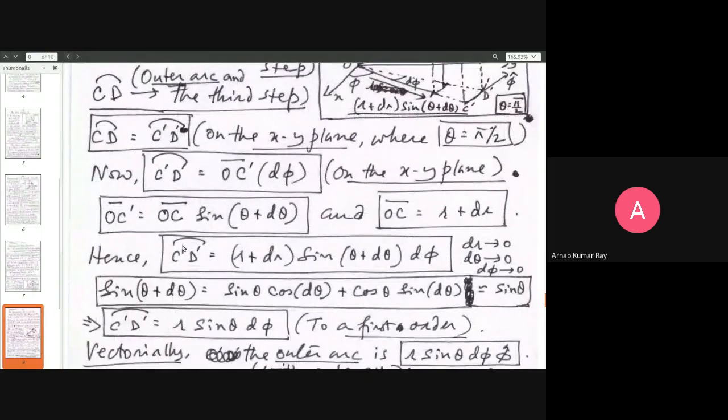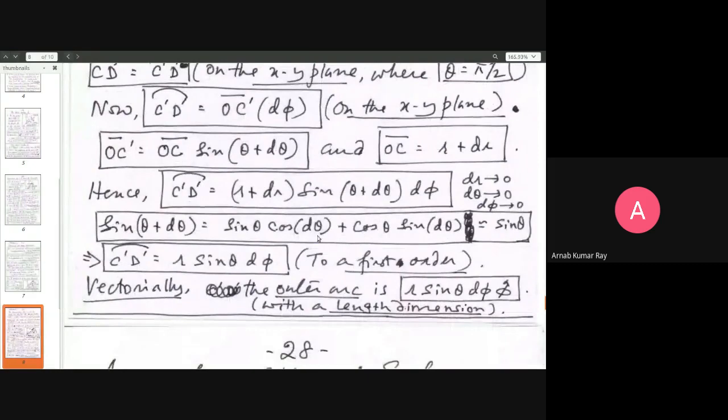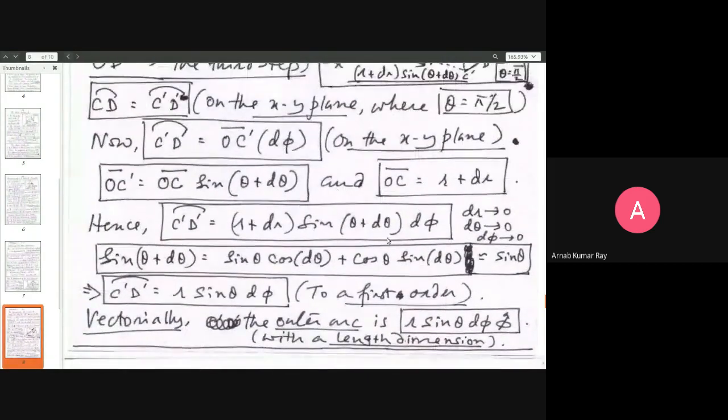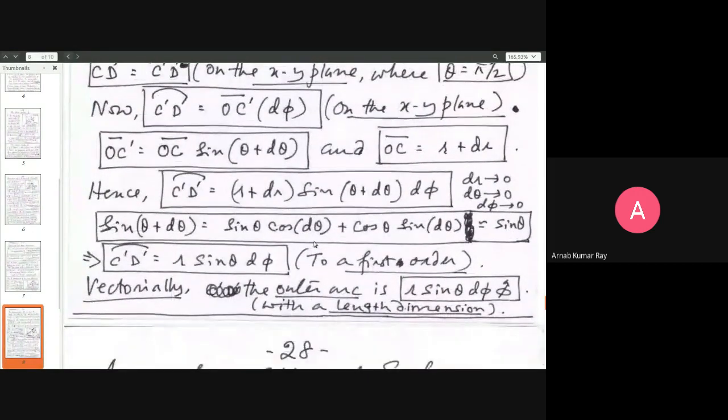Therefore, arc length C prime D prime, which has been written over here, will be written as OC prime, and OC prime is R plus dr sine of theta plus d theta. Once you have got this formula, you can just work on some familiar trigonometric rules. dr goes to 0, d theta goes to 0.